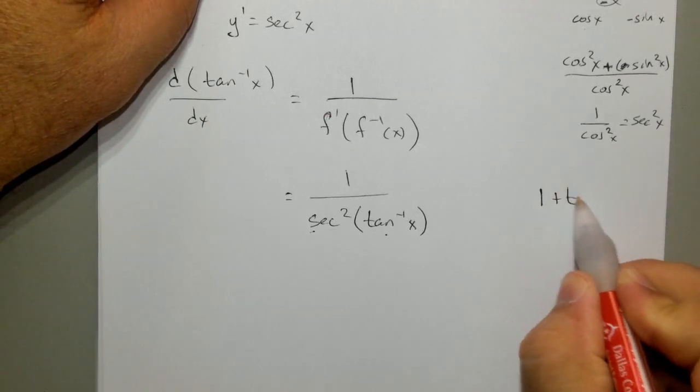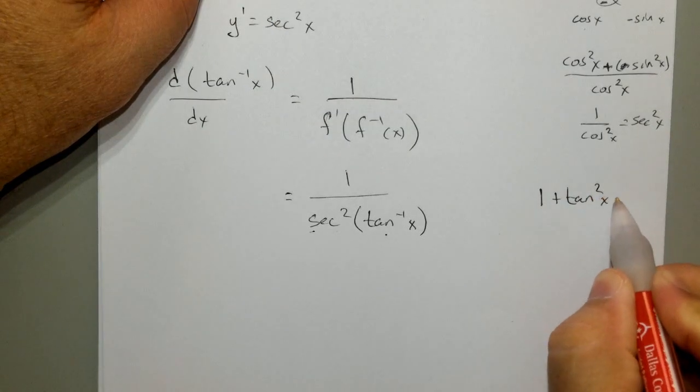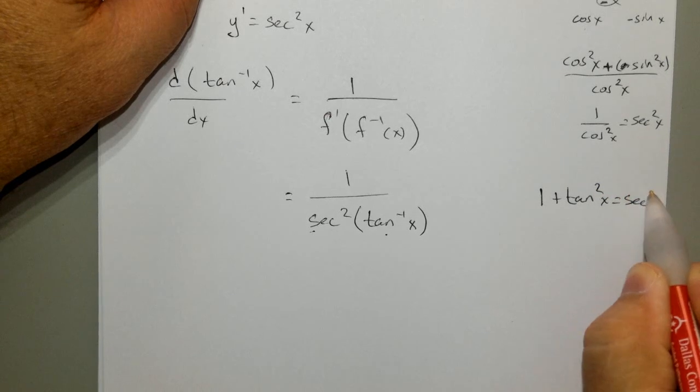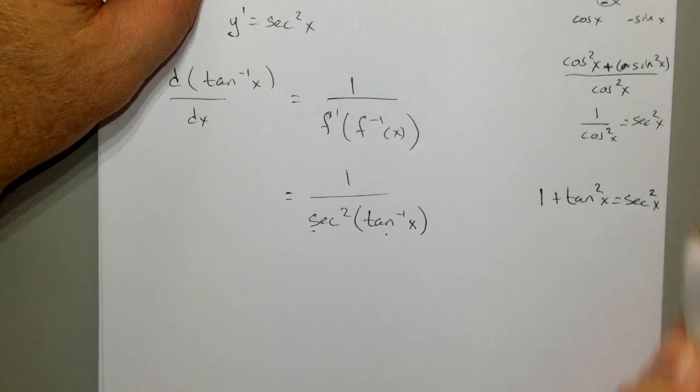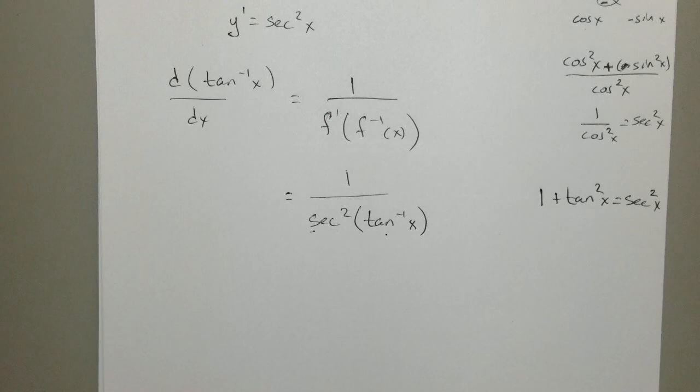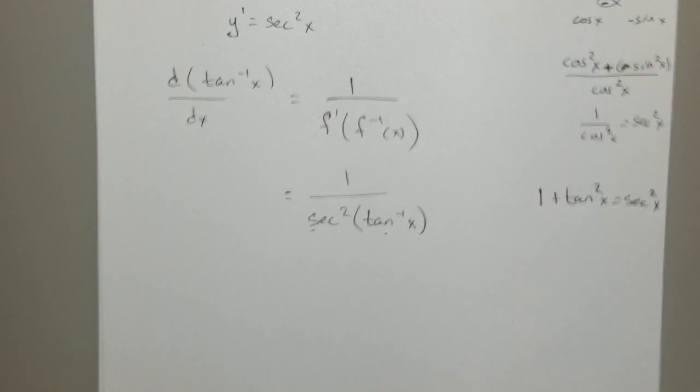One plus tangent squared equals secant squared. We took the first identity, cosine squared plus sine squared equals 1, divided by cosine squared, and got 1 plus tangent squared equals secant squared.